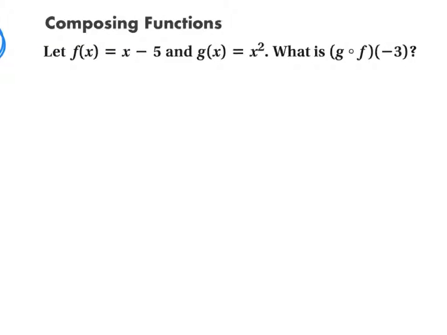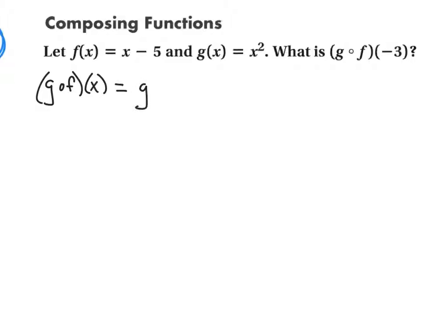They are asking us to evaluate g of f of negative 3. Before we do that, I want to evaluate g of f of x. Now, how do I translate that?